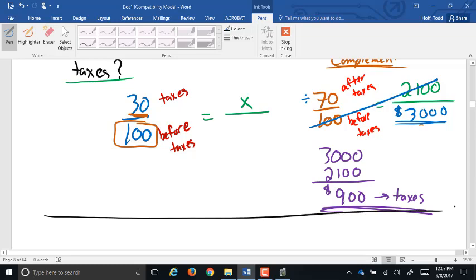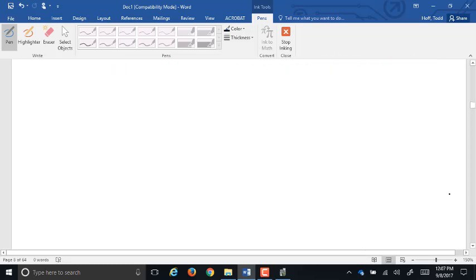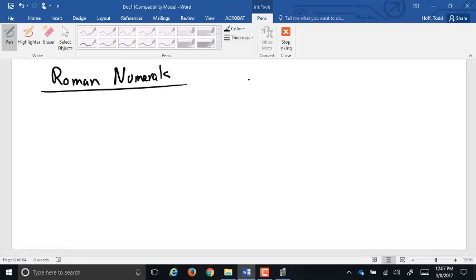But anyway, our last little topic we need to finish off, our Unit 1, is Roman numerals. Unfortunately, in the medical fields, Roman numerals still get used in some of your dosage specifications, some of your concentrations.